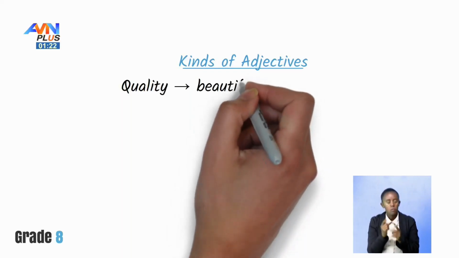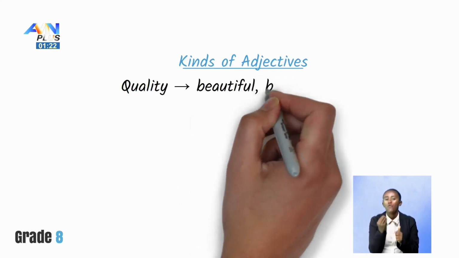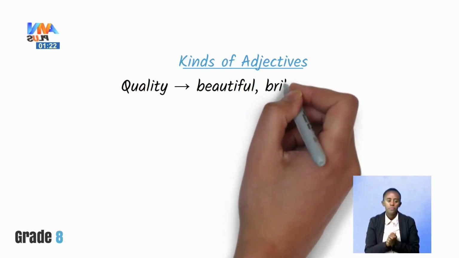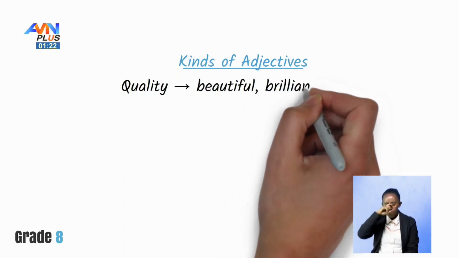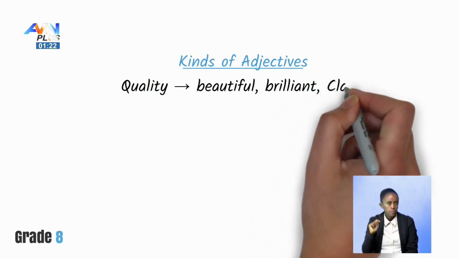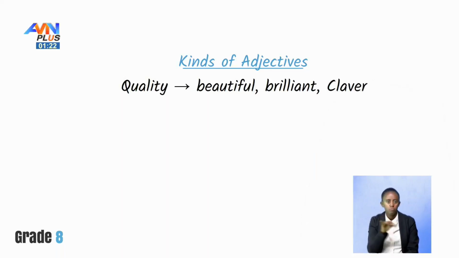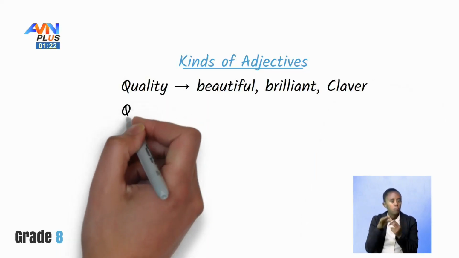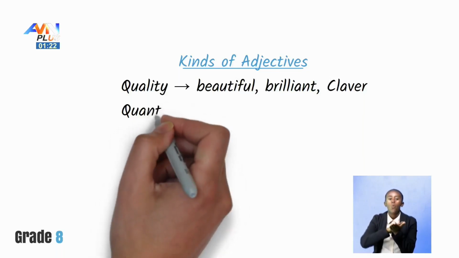Beautiful, brilliant, intelligent or clever, etc. These are some sample examples that talk about the quality of someone.